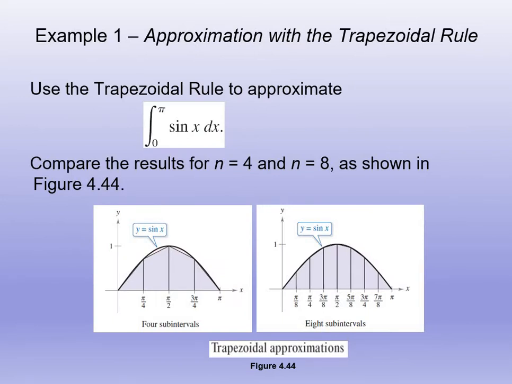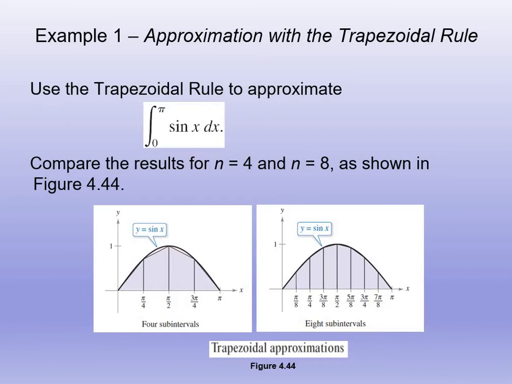Okay, so we're going to do an example here. We're going to do the same example with Simpson's rule as well, but we want to use the trapezoid rule to approximate the area under the curve from 0 to pi of sine of x. And we're going to compare the results if we do it with 4 trapezoids versus if we do it with 8 trapezoids. So notice, it still has that pyramid effect. We're going to have 2 bases, right?